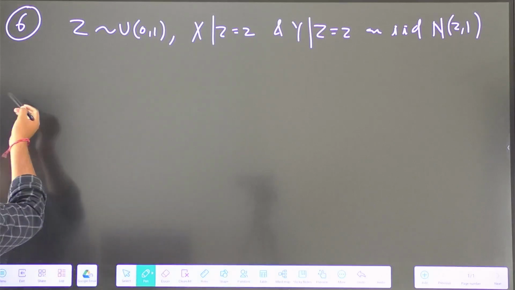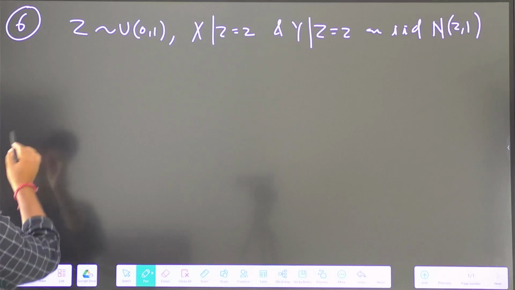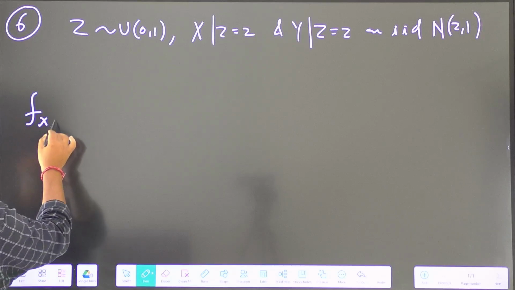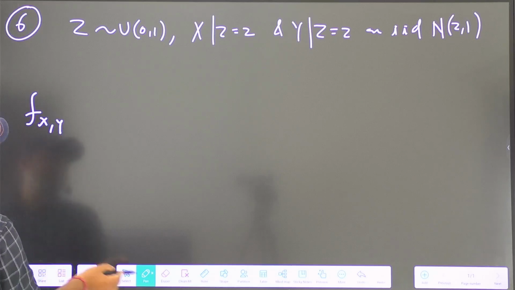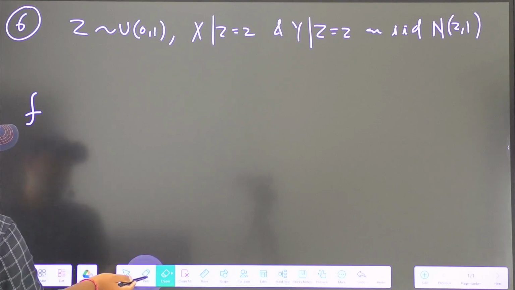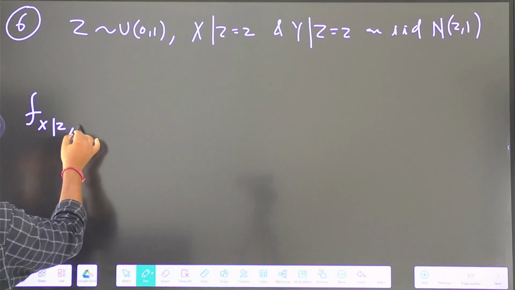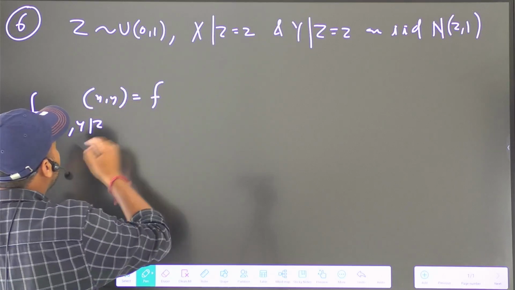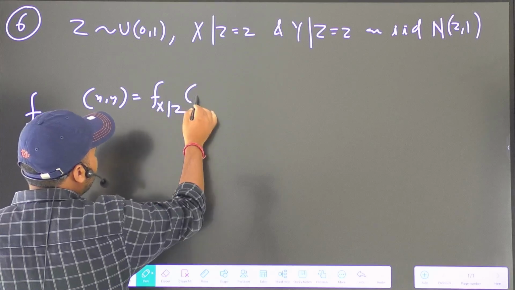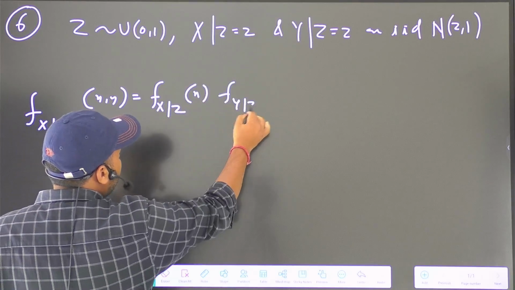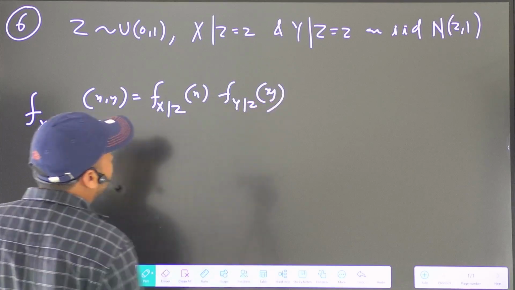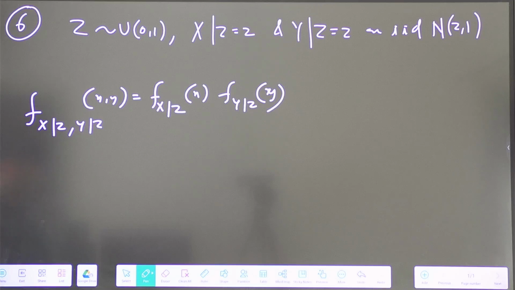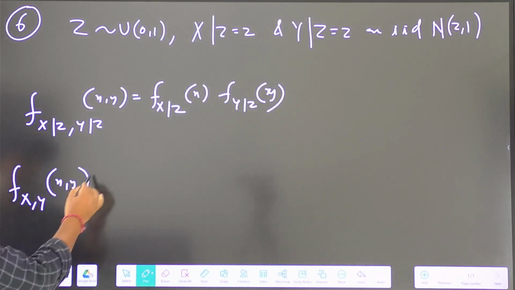You have to find the joint of X and Y. So f of X given Z, Y given Z at x, y will be the PDF of X given Z in x times the PDF of Y given Z in y. Okay, they have given they are independent. Using this, can we find f of x comma y?